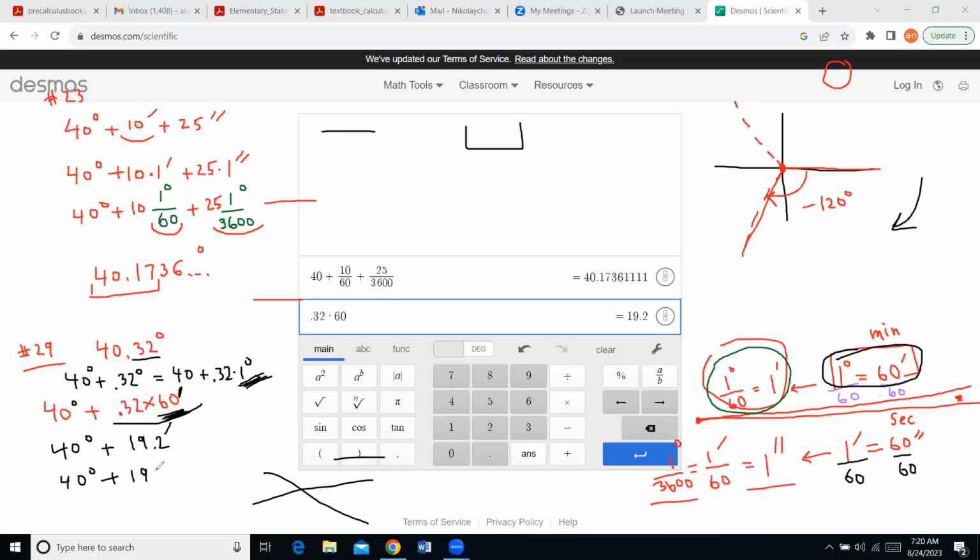And this 0.2 I need to turn into seconds, right? So 0.2 will be times 1 minute. So instead of 1 minute, I put 60 seconds, this double prime.